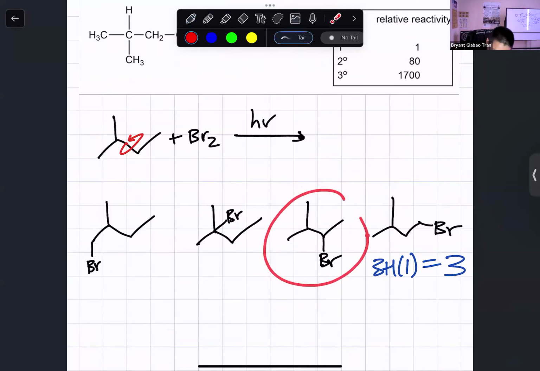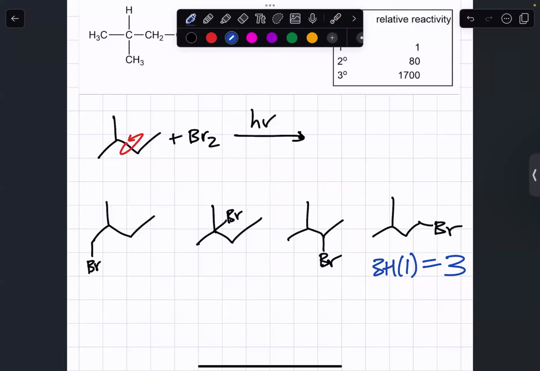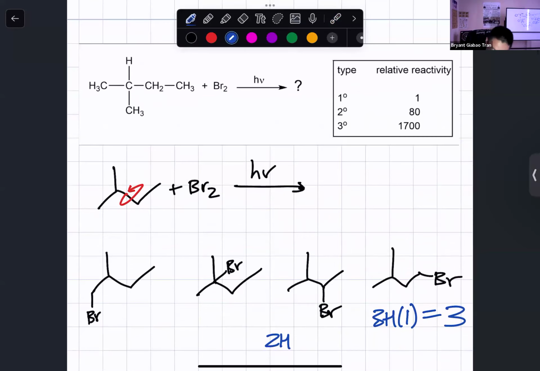Let's do the same for this one right here. How many hydrogens could have made this product right here? 2. Yes, that's right. What number do we have to multiply this by to get the relative abundance? 80. Yes, because we have a secondary carbon. We look at the reactivity chart, and then we multiply it by 80. 2 times 80 is 160, right?